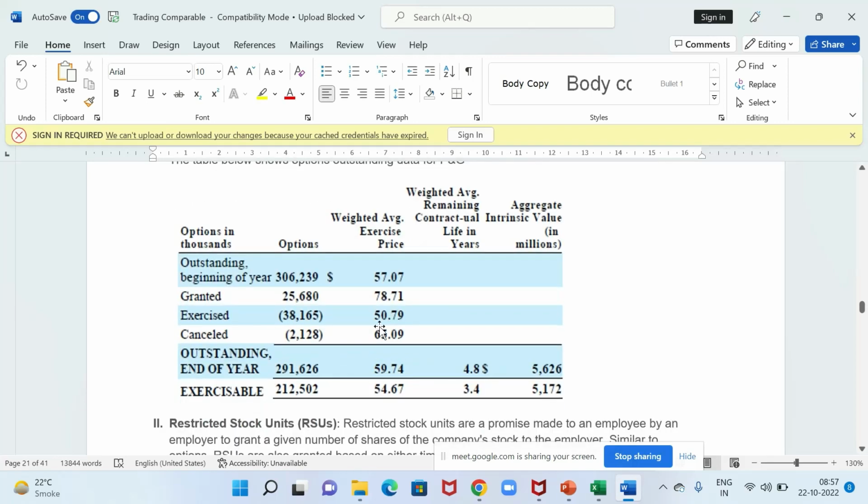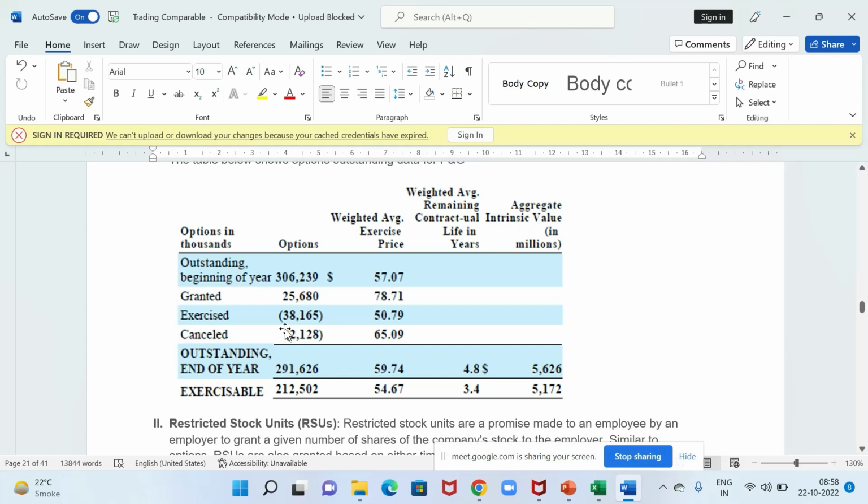Say the year ending is 31st December. So as of 31st December, the price that the company was having, basis that they have calculated. So basis that, these are also further breakdowns. So this is the beginning number of the year, 30623. So this is not as a whole. It is basically a sum, and this is the weighted average exercise price of the entire lot of options that a company has issued.